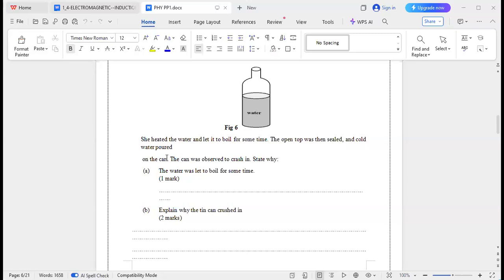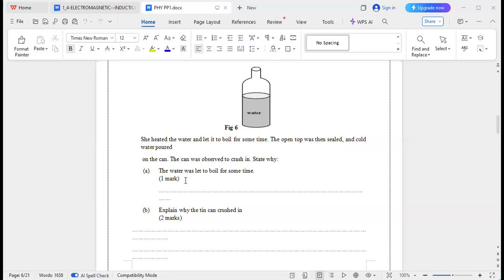The second mark, you say, on pouring cold water, pressure inside reduces. Then higher atmospheric pressure on the outside forces the can to crash in.